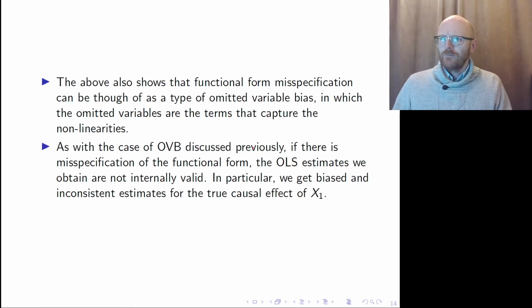So the functional form misspecification can actually be thought of as an omitted variable bias, as we talked about in the previous video, and the omitted variables are the terms that capture the nonlinearities.